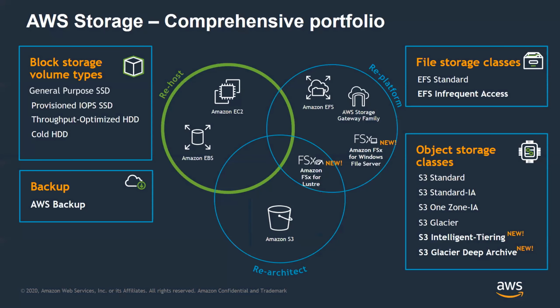On the storage side, we basically have 3 different types of storage. Most database workloads are going to use EBS, which is our block storage type. Most of the higher end ones use what we call provisioned IOPS, which is an SSD-based approach.